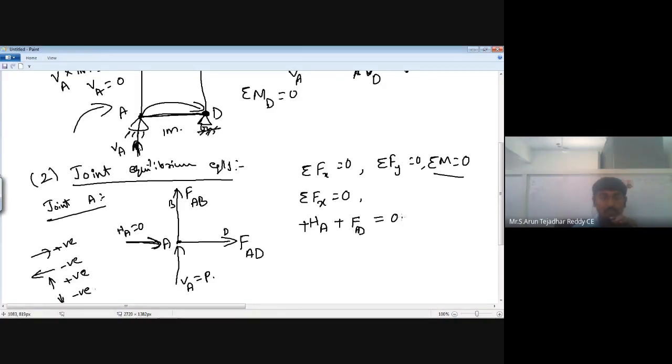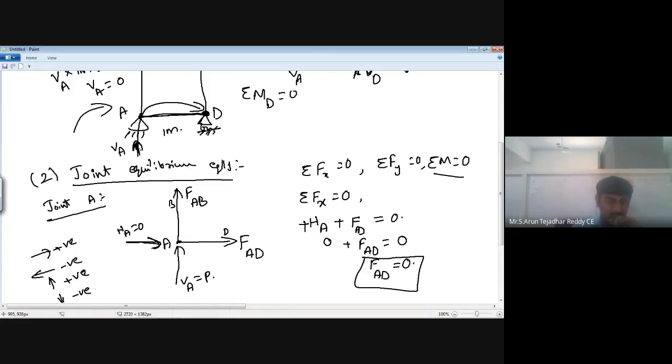is equal to 0. And already we know that HA is equal to 0, plus FAD is equal to 0. Then finally FAD is equal to 0.